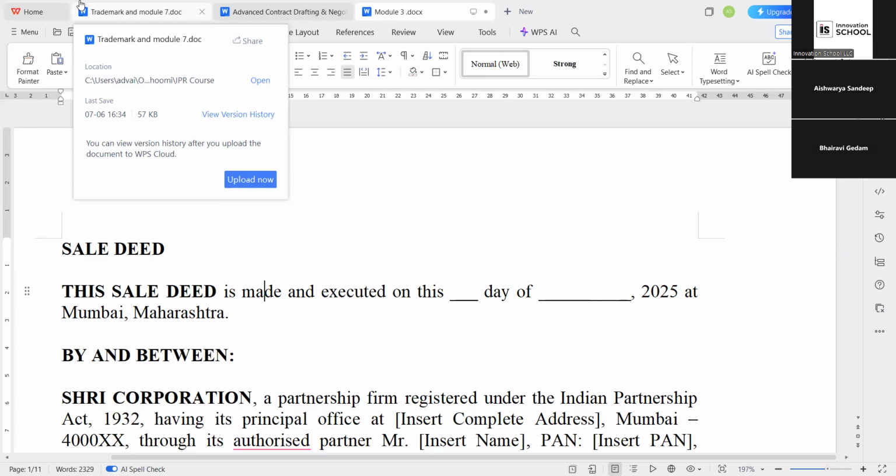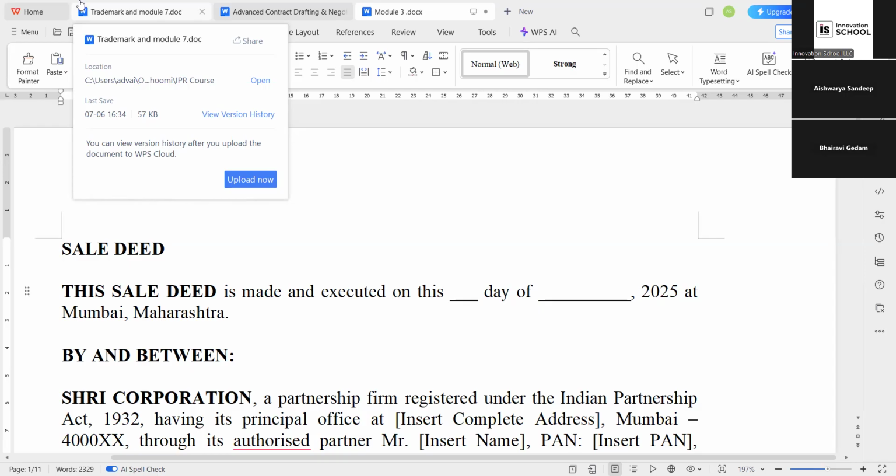Because you are selling the property, you have to also find out the stamp duty. Stamp duty is exactly the amount of tax that you are going to pay, because I am transferring a property, giving it to my friend, or somebody is paying money for the sale.